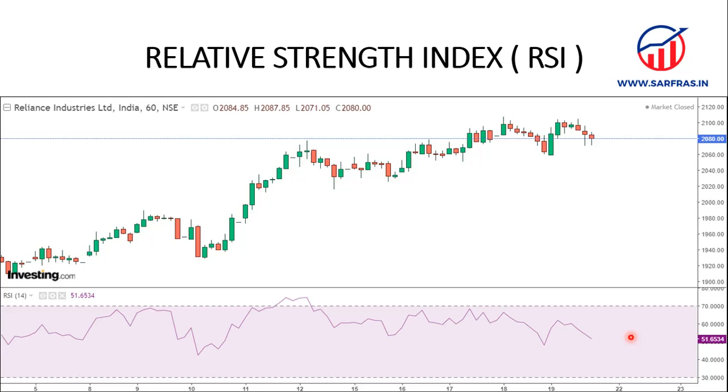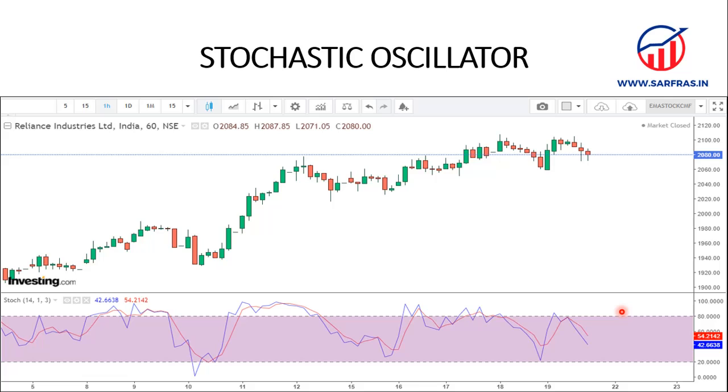There are various levels for the RSI: 70 and 30 are the levels by default. 70 is the overbought and 30 the oversold zone.